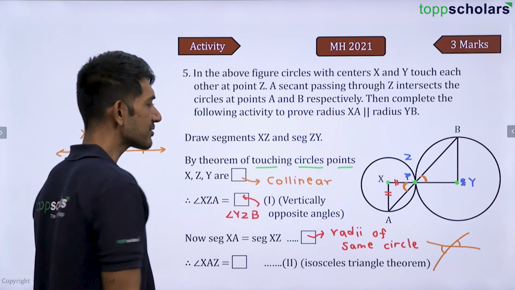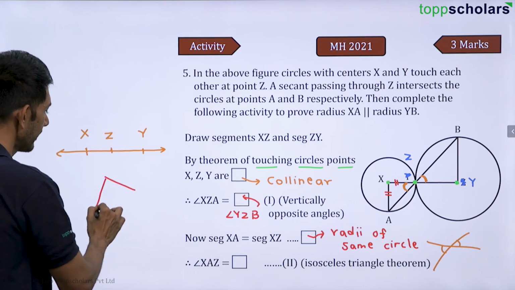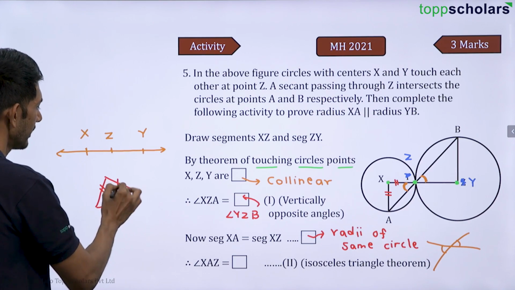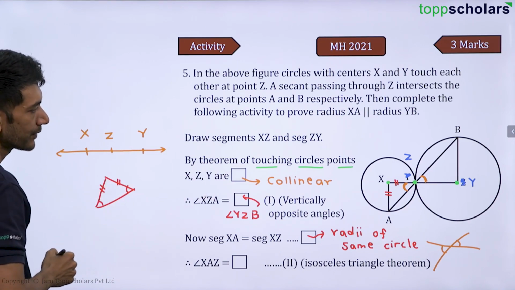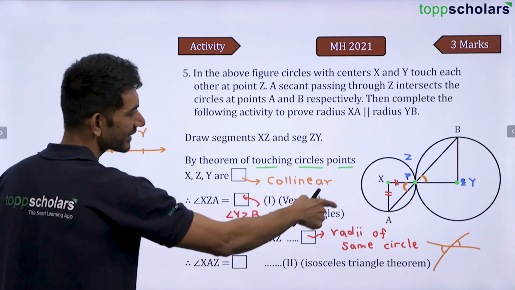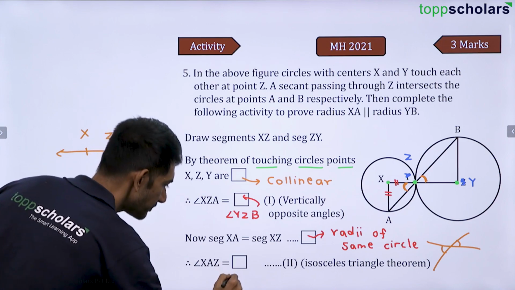So by isosceles triangle theorem, in a triangle, if the two sides are equal, then can I say these two angles are also equal? So angle XAZ is equal to angle XZA.